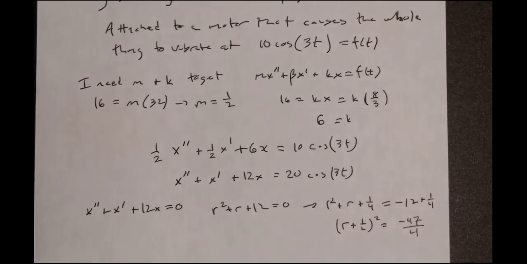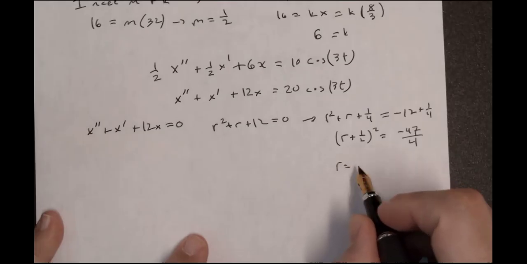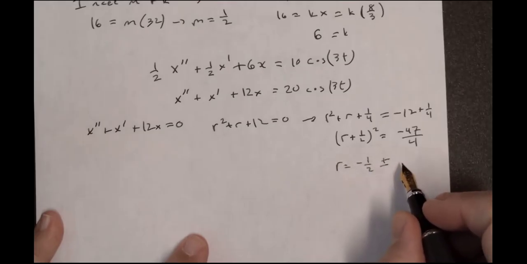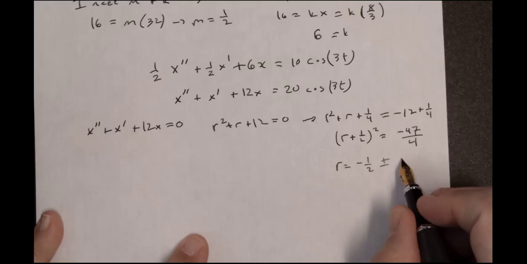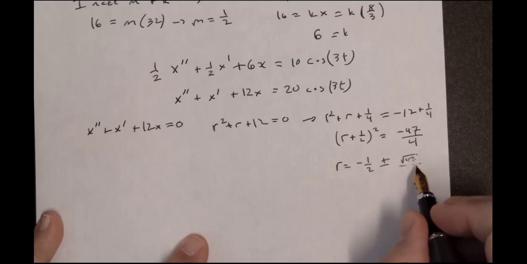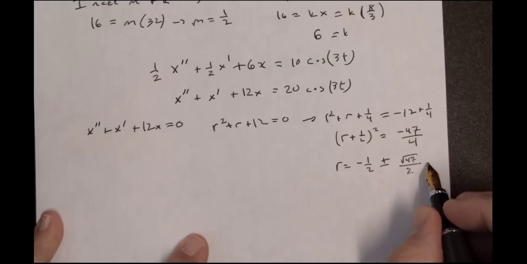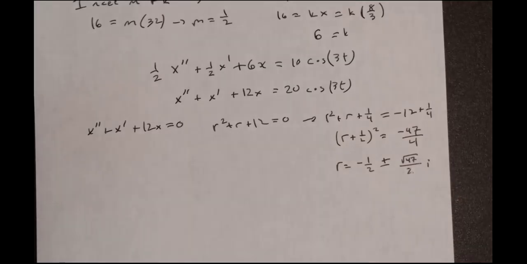I'm going to get an ugly complex root. R equals negative 1/2 plus or minus square root of 47 over 2i. That's just gross.